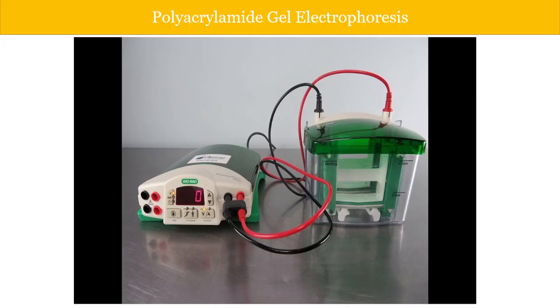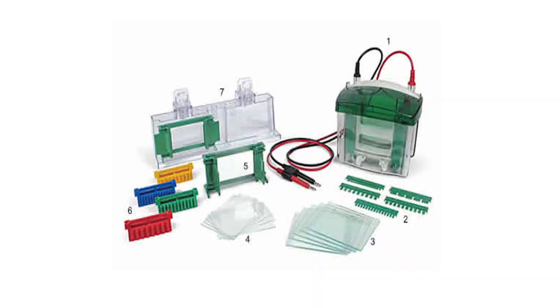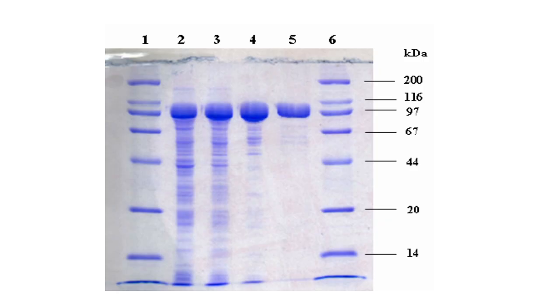For proteins, we use sodium dodecyl sulfate polyacrylamide gel electrophoresis. This is how the apparatus looks, and these are the different components that we use. After running it in a gel and then staining and destaining it, this is the type of gel that you usually obtain. Lane 6 and lane 1 are the standard molecular weight markers that help you tell how proteins of a particular size run.